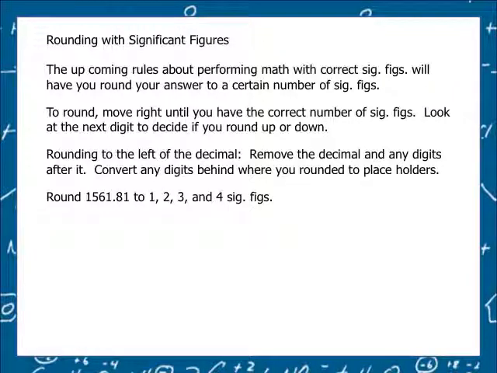Skip ahead past all the stuff that we've already done and come to rounding with significant figures. And we're going to need this because these rules you will use when we're doing math with significant figures, which is the take-home end goal of this series, so that you can do lab reports and report the math with correct sig figs.